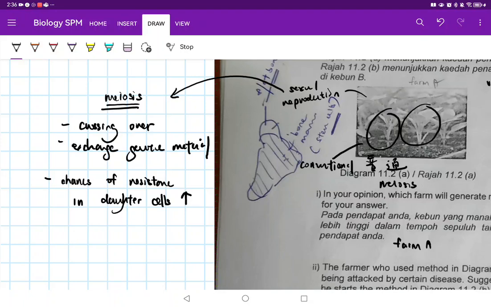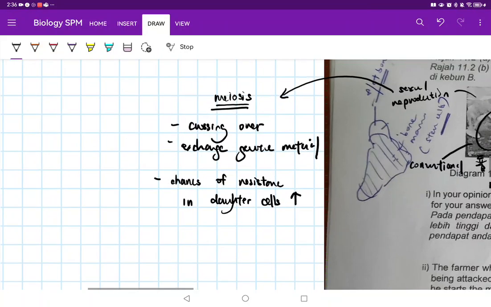Because let's say sexual reproduction involves two parents, your male and your female, right? Your father and your mother, your male gamete and female gamete. There's a possibility that the male gamete is resistant towards the disease. That means it cannot die if it contains a disease. There's a female one who is not resistant.